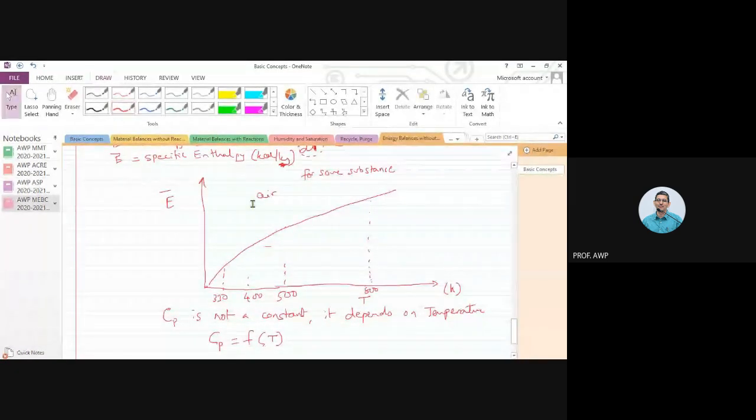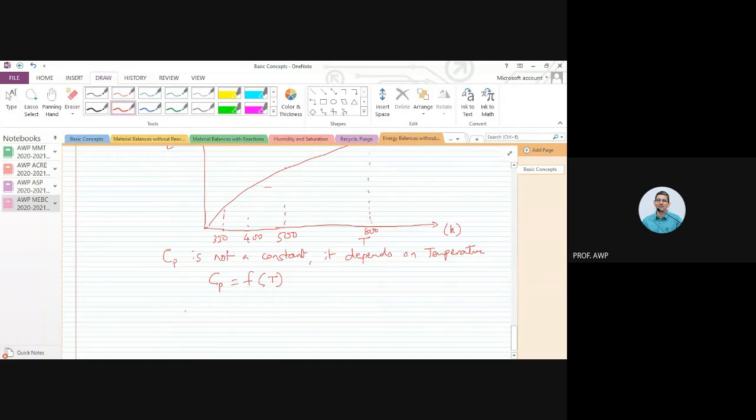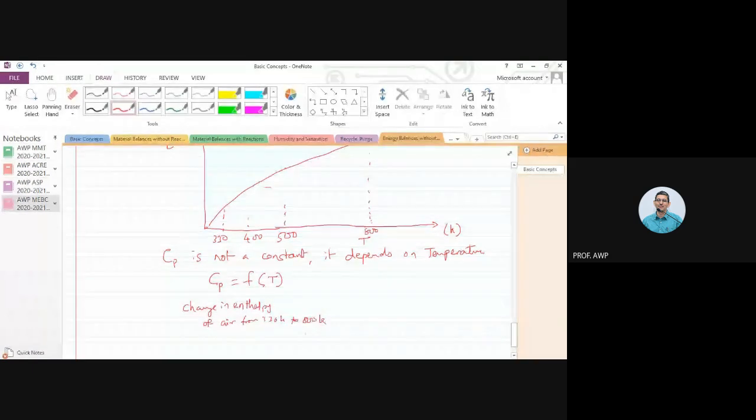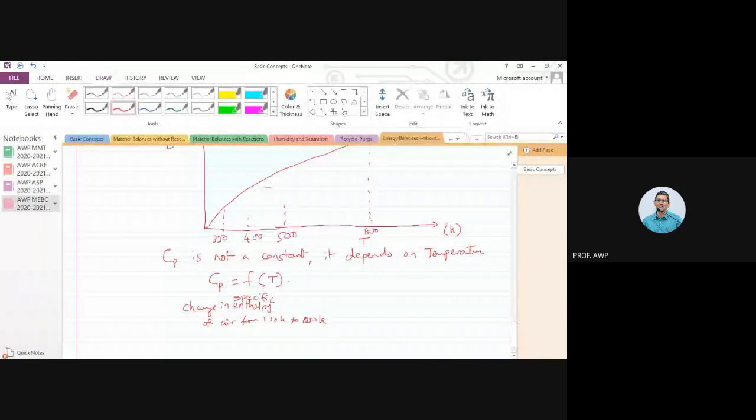I want to heat up air from 330 Kelvin to 800 Kelvin. How would I calculate the change in enthalpy of air from 330 Kelvin to 800 Kelvin? Or I will say change in specific enthalpy, which means I'm taking 1 kilogram of air.